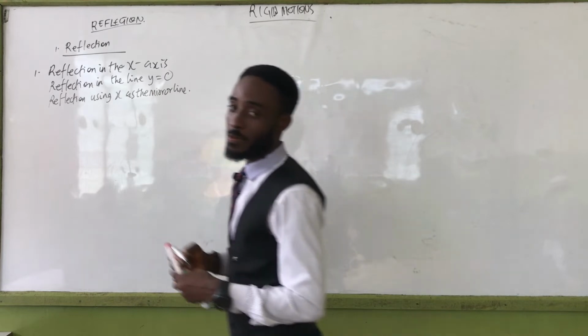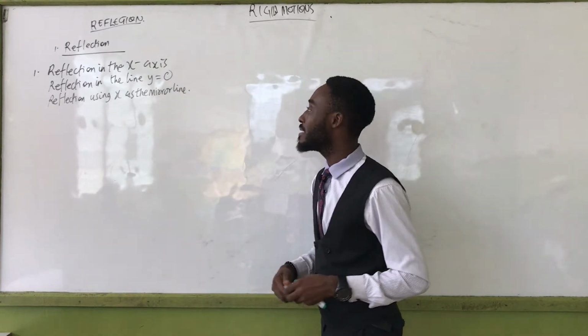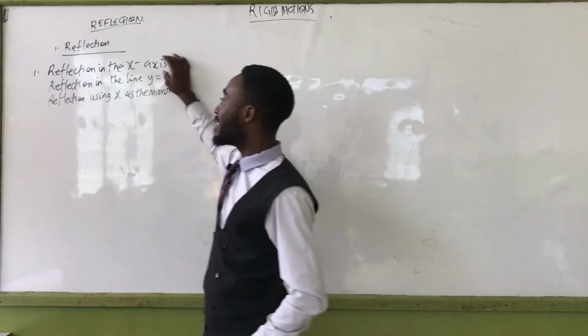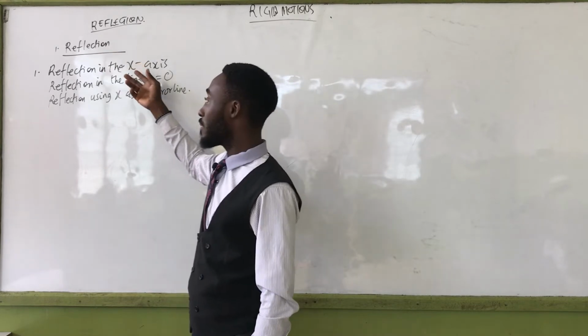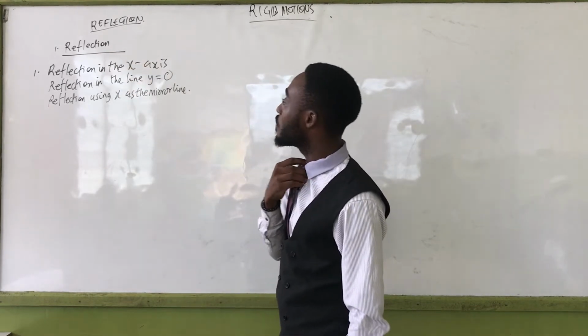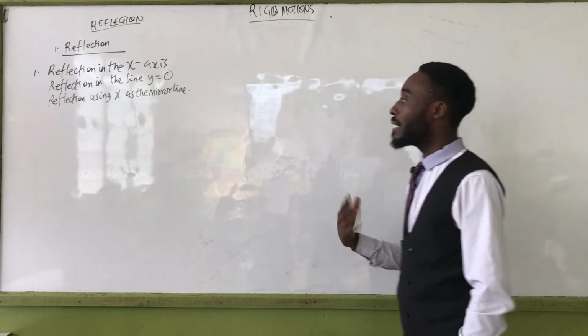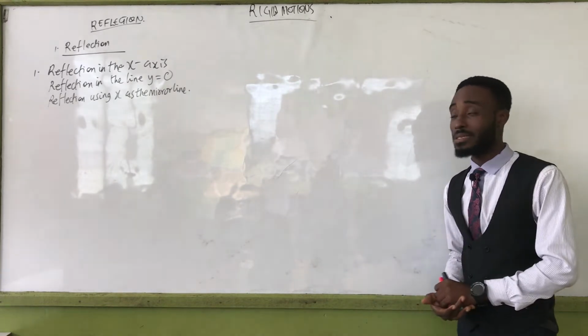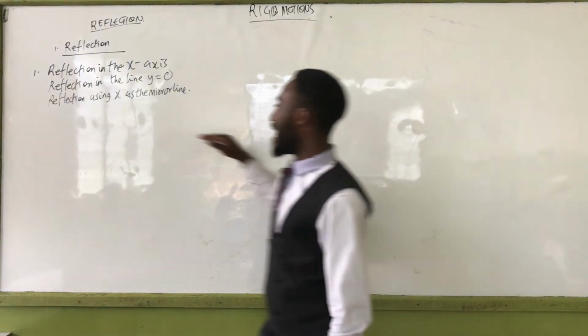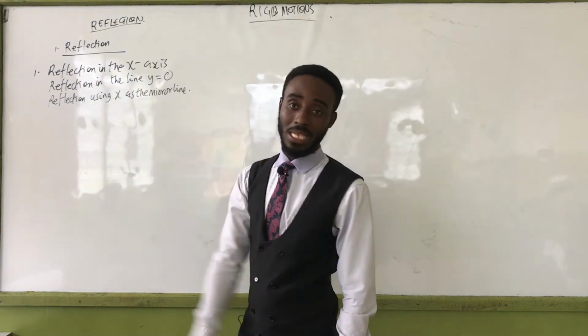I'm presenting all of this to us so that in the case where we see this in our exams, we don't say, oh, I just know reflection in the x-axis, because sometimes not all examiners will present it to us this way. Some would say reflection in a line y is equal to 0, reflection using x as a mirror line. They are all saying the same thing.